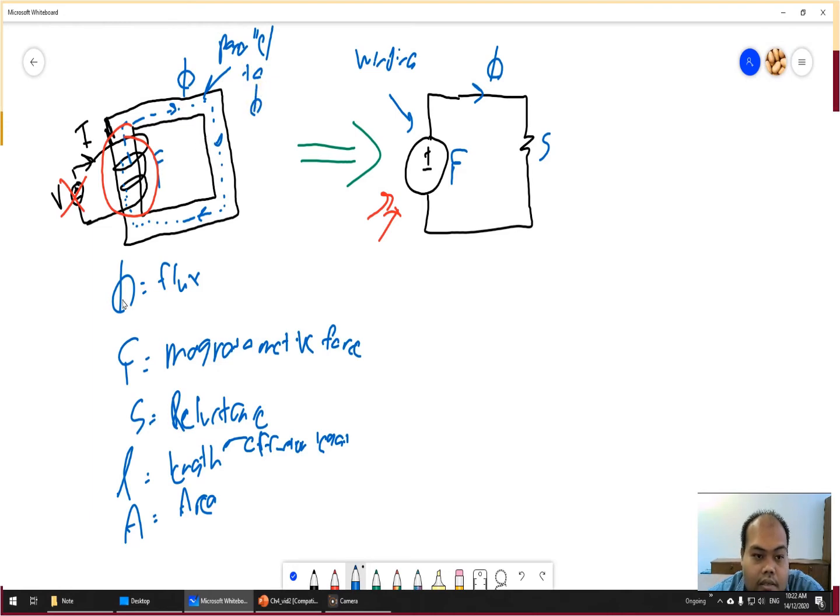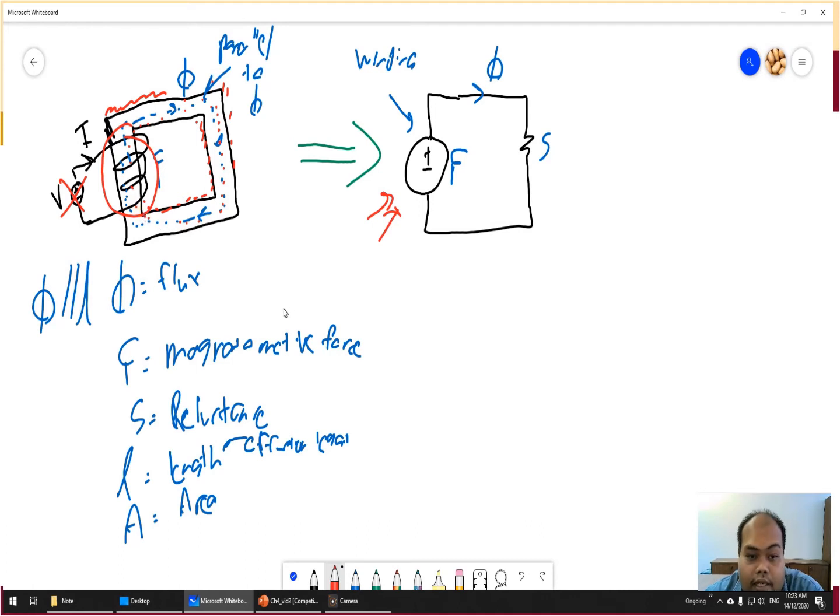So flux is parallel to length. If you want to measure the length, you have to look at the flux direction. Effective length means you have to take the center part, because the length at the outer side is actually longer than the length inside the core. So make sure you measure the length at the center. It is the effective length.